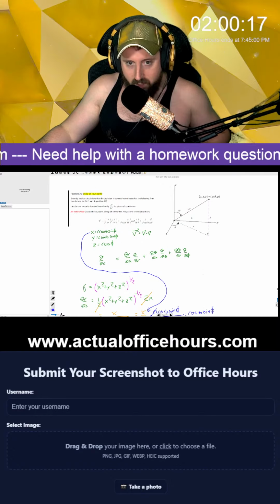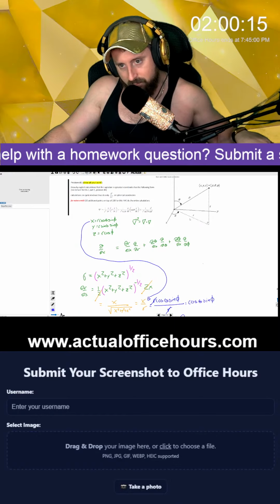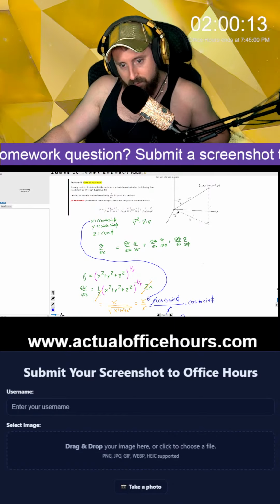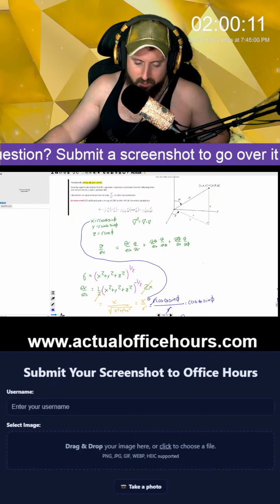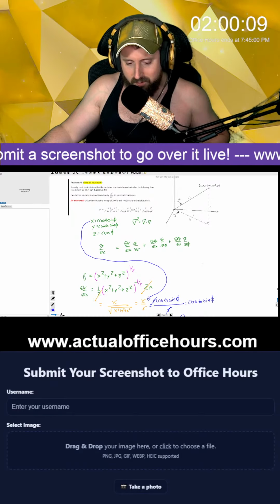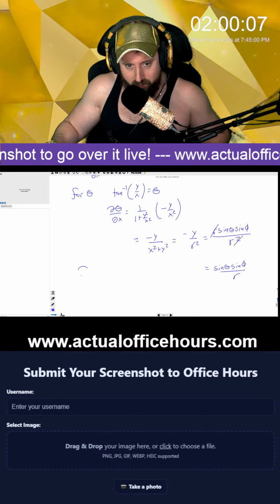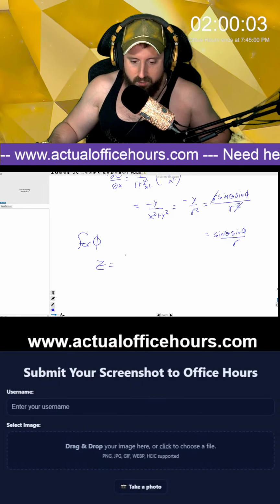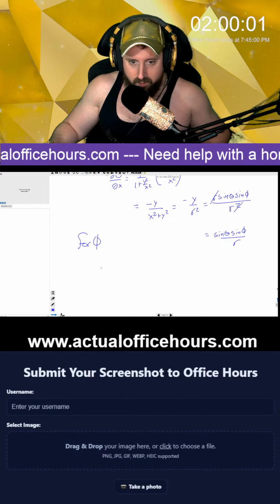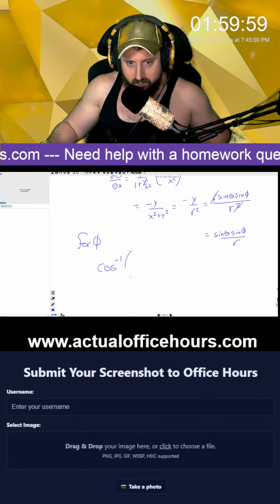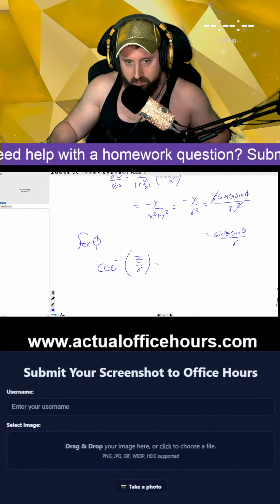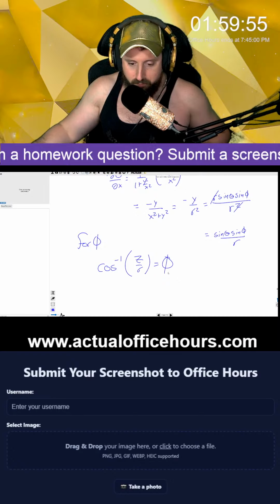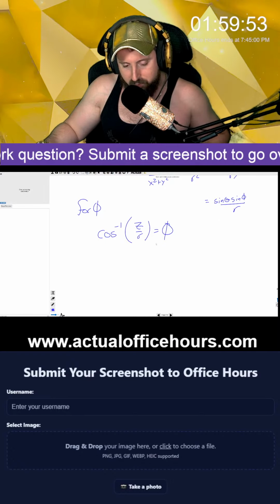And then phi is a... Phi's the arc cosine of z over r. Oh wait, okay. So for phi, arc cosine of z over r is equal to phi, right? And then I just have to rewrite r as the square root of x squared plus y squared plus z squared.